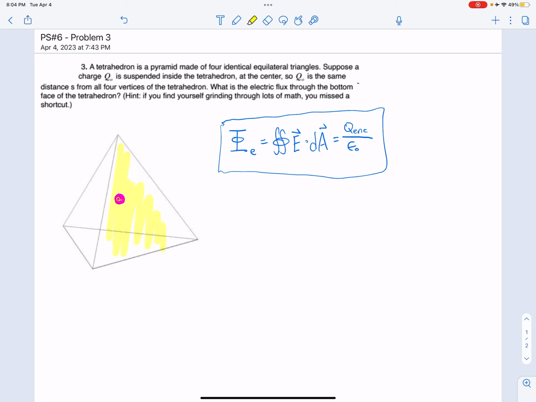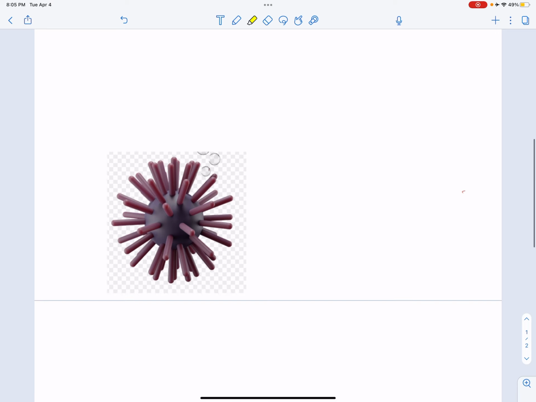This is what that looks like: this ball is the point charge in the middle, and the electric field is represented by these spikes. It comes out radially from this point charge, so it's going to hit all 4 surfaces of this tetrahedron equally.